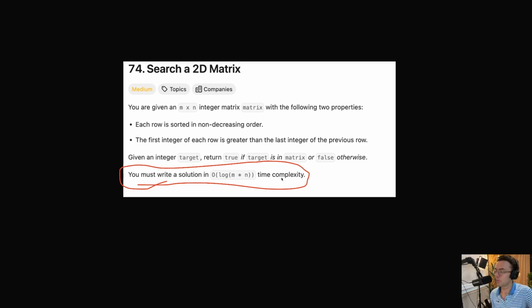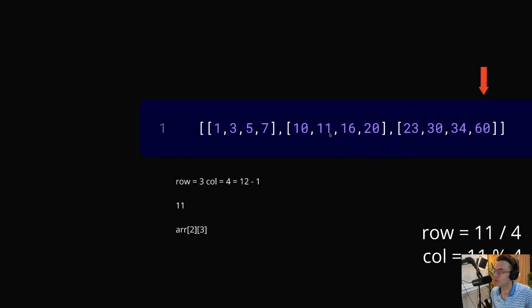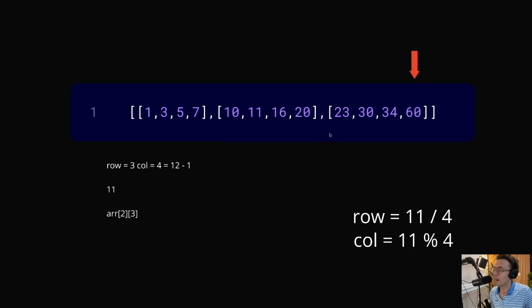And when you're working with search and you see that, you have to use binary search. Here's the thing though. A regular binary search really isn't that complicated. And with what we've just learned about converting a 1D array index into a 2D array accessor, we can quickly convert a regular binary search into a binary search that can search this matrix.